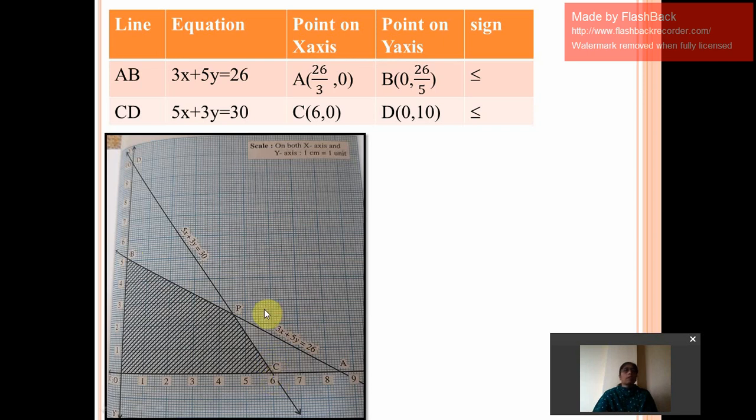Next vertices (6, 0) and (0, 10), line CD. Plot the point (6, 0) and plot the point (0, 10). Draw the line CD.